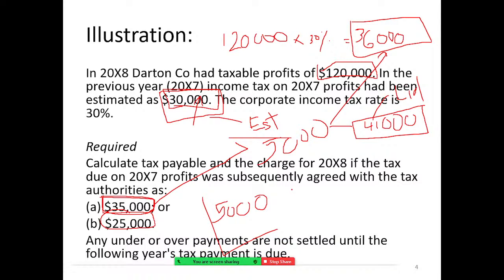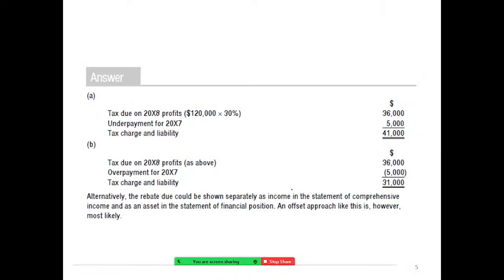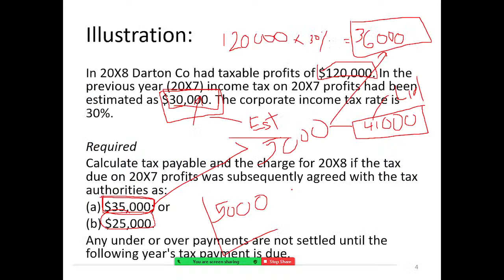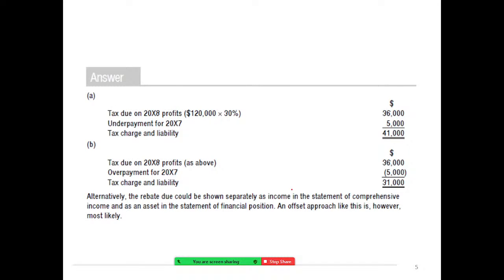So 21,000 will be considered as current tax liability. Right, so the answer is attached here. You can find the answers.